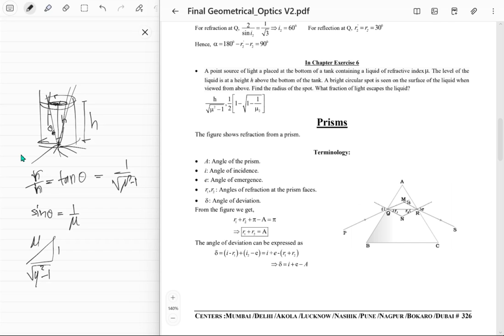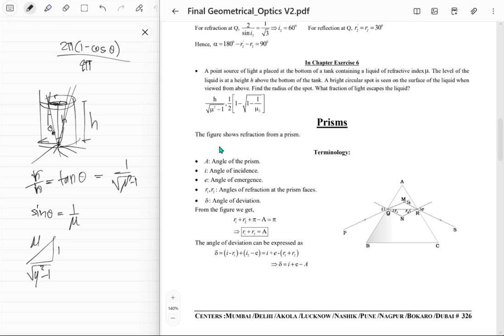What will the solid angle actually be? It's just 2 pi into 1 minus cosine theta. Yeah, exactly. That's why they did this. In this case, theta is of course the half angle, and this is our solid angle. For example, when theta is pi, this becomes 4 pi, which is the total solid angle of a whole sphere. And this is the solid angle that actually has light escaping, upon the total solid angle, 4 pi, so half of 1 minus cosine theta. Exactly. That's what they did.